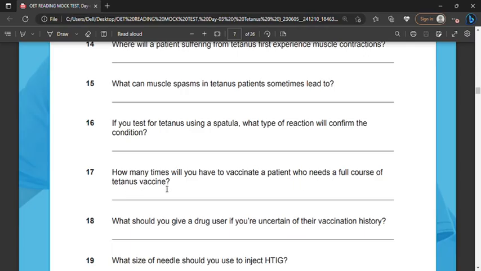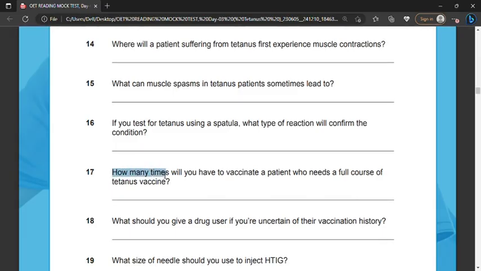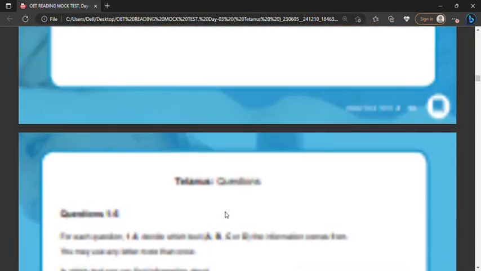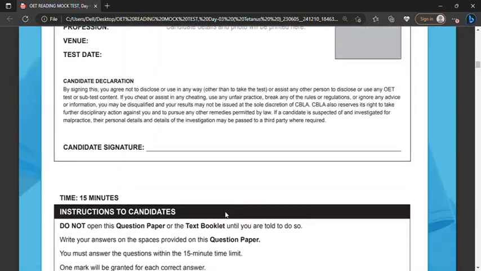First we have to understand the meaning of the question. How many times for a full course of tetanus vaccination means how many times it needs to be done for a full course of tetanus vaccination. So let's find the answer.